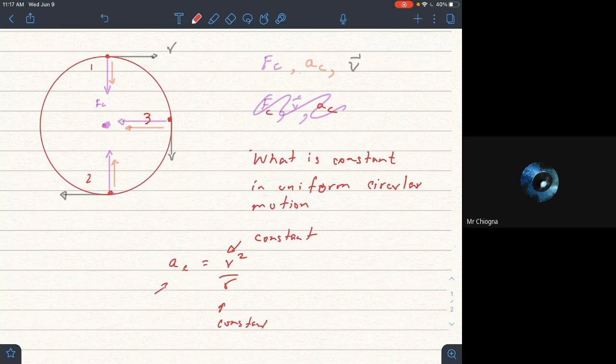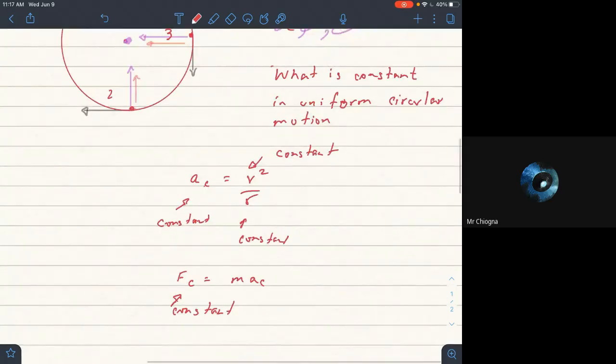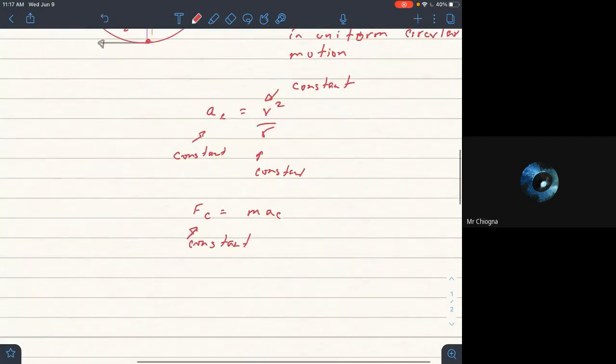The acceleration is constant. Okay, and then therefore FC, which is equal to MAC, is constant. In magnitude, not in direction.